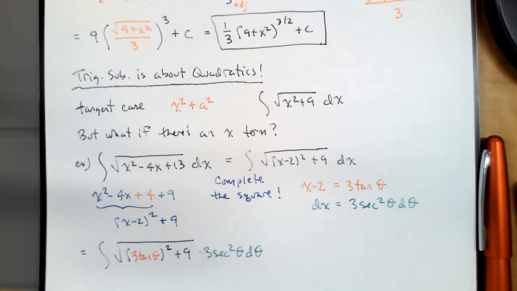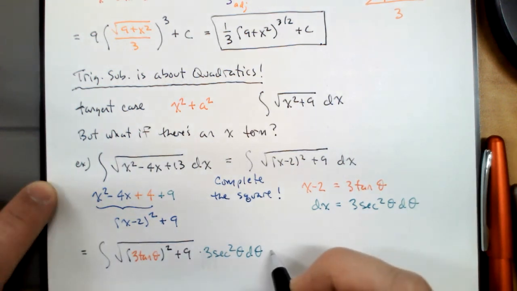So in the radical, we've got the square root of 9 tangent squared theta plus 9. The trigonometric substitution thing means that is going to be 9 times secant squared. The square root of 9 secant squared is 3 secant theta. So then the trig sub thing happens.